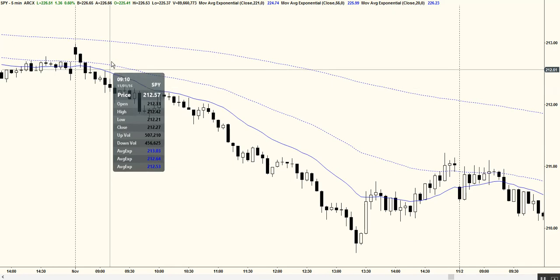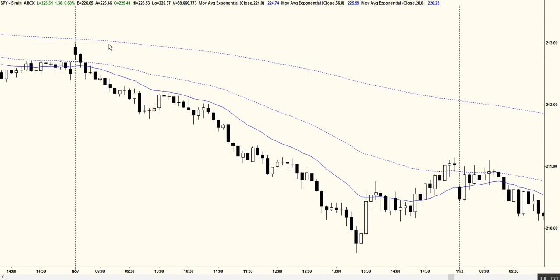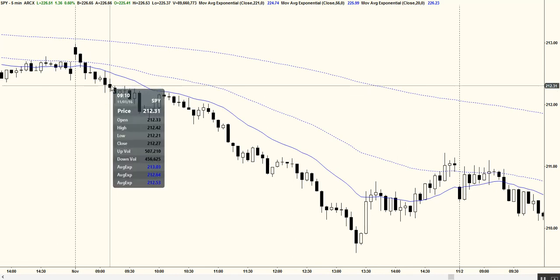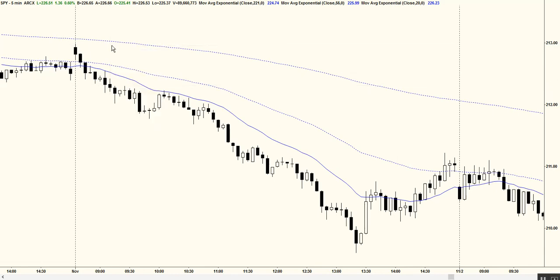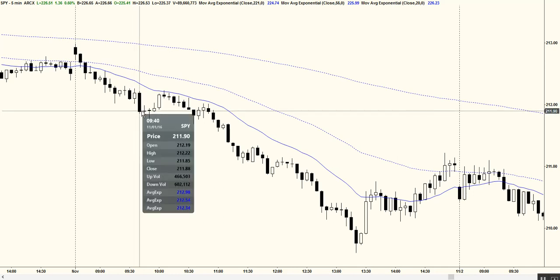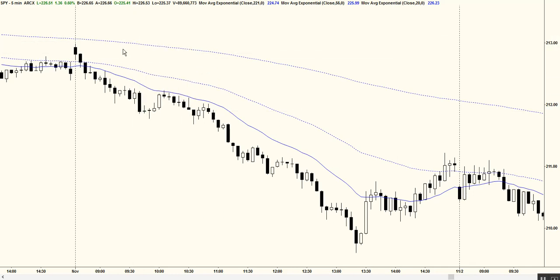I'm just going to sell this close, put my stop up here, and trade small enough that if you walked away and got stopped out, it would not be that much more than a normal size. Even if you were trading down here, if you sold the close down here and put your stop up here, make it to where it's a normal position size.